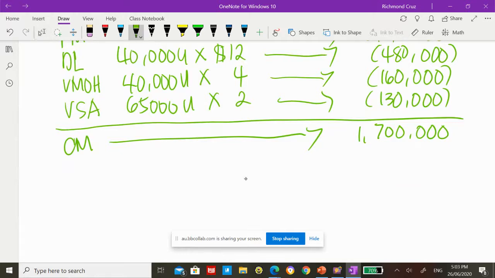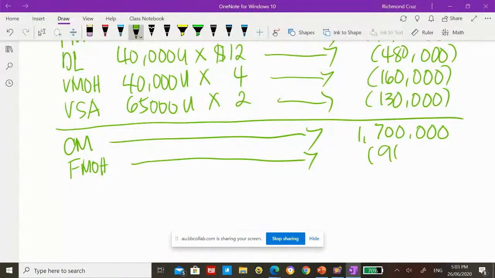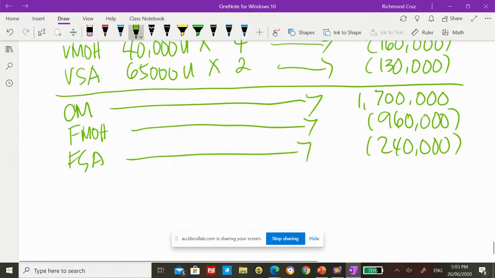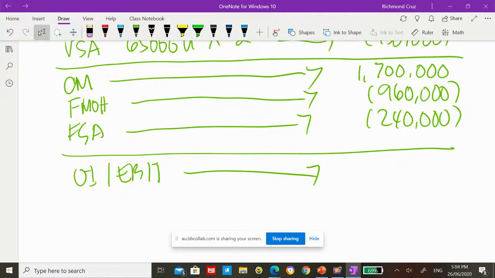Next, we need to deduct the fixed manufacturing overhead, 960,000, and also the fixed selling and admin expense, 240,000. So this is our operating income, or EBIT: 1,700,000 minus 960,000 minus 240,000, and that is 500,000 for year 3.